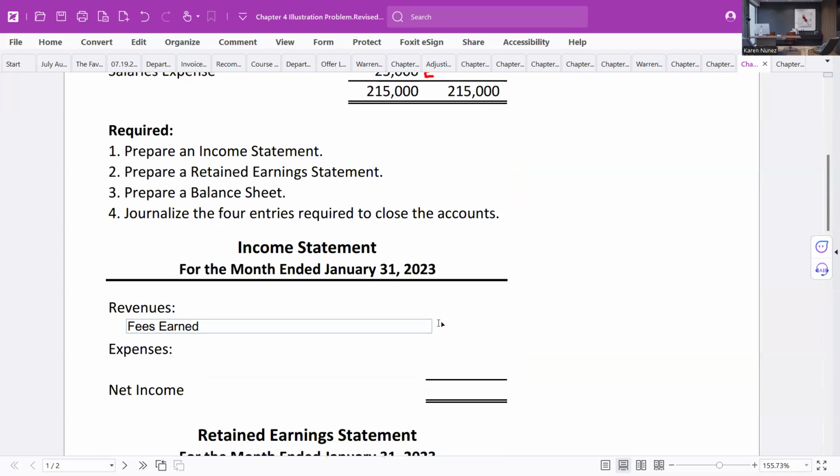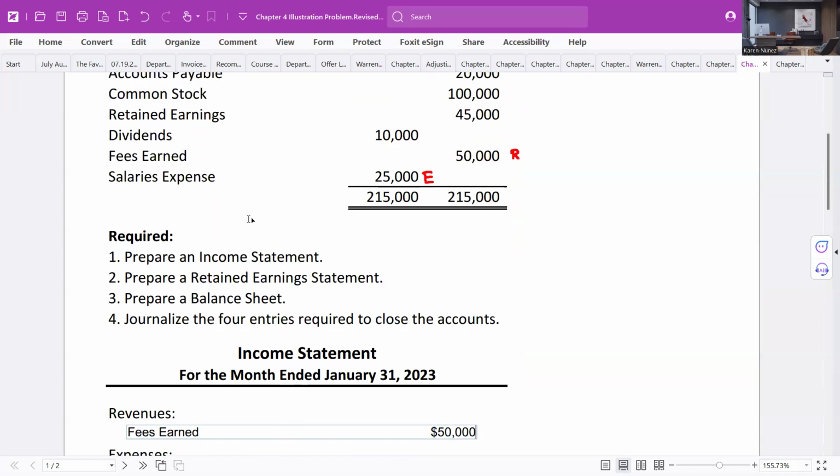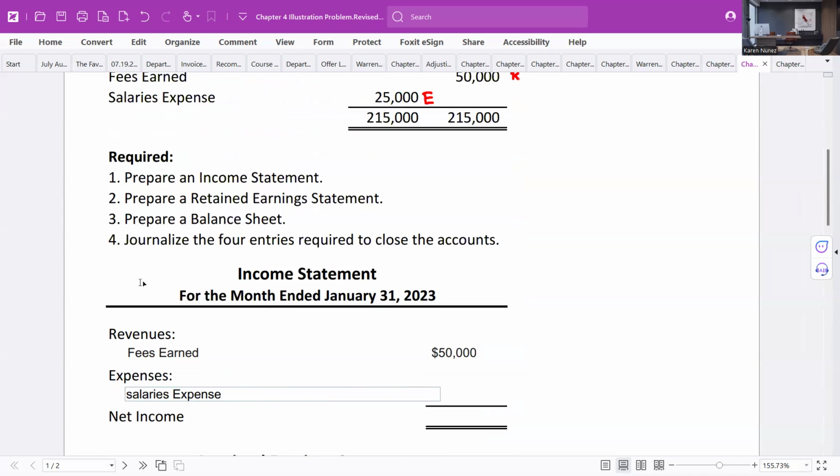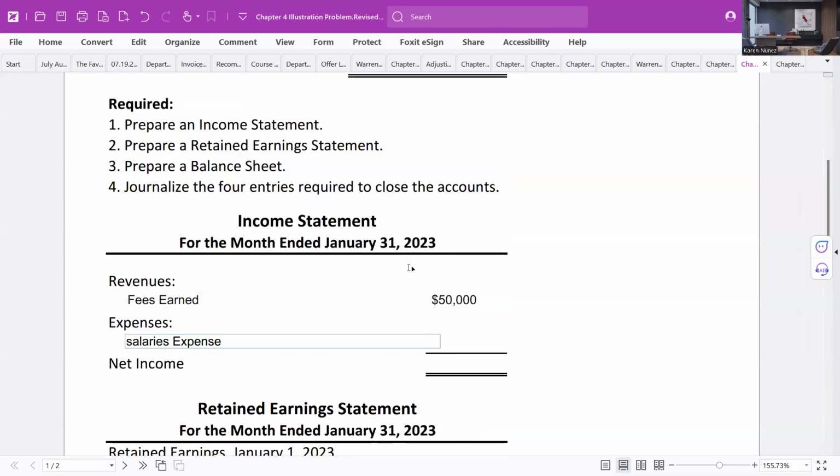So we've got $50,000 of fees earned. And then we need expenses. Well, we only have one expense, salaries expense. So we have the salaries expense. How much are the salaries? Well, the salaries are $25,000.